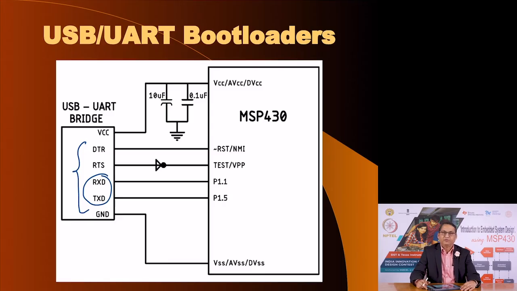For the purpose of bootloader programming, you do not connect to them, you connect instead to these two pins. Apart from that, you also connect to the test and reset pins, which the bridge invokes and asserts before proceeding with downloading the code through these two wires. And of course, you have to connect to the ground and power the MSP 430 microcontroller.